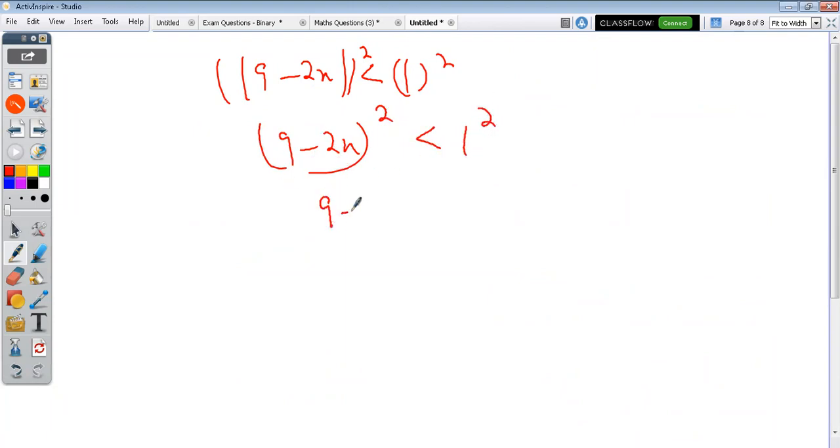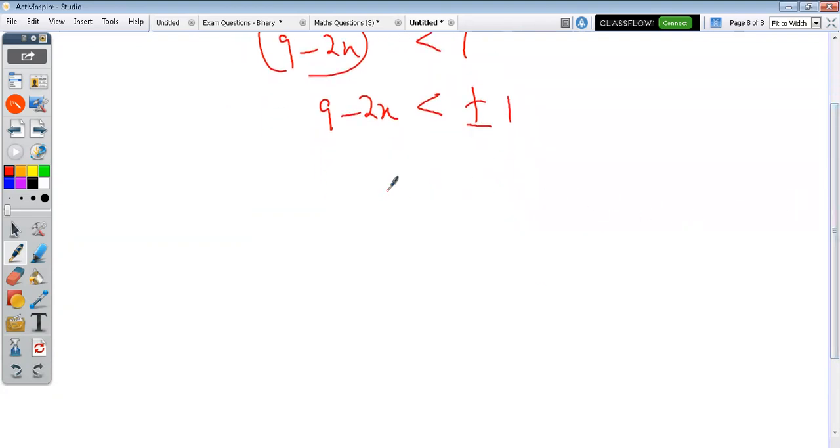So 9 minus 2x is less than, the square root of any number is a plus or minus. Less than plus or minus what? 1. So two things: 9 minus 2x is less than 1, first equation. And 9 minus 2x is greater than negative 1. That's the easiest method rather than squaring the quadratics and the graph like that. Clear?